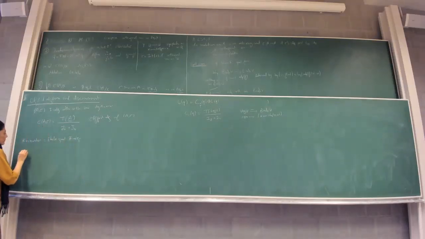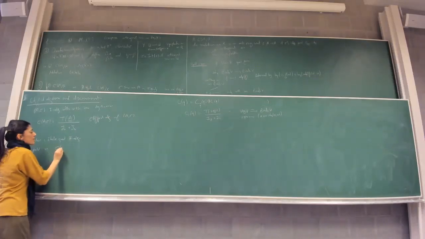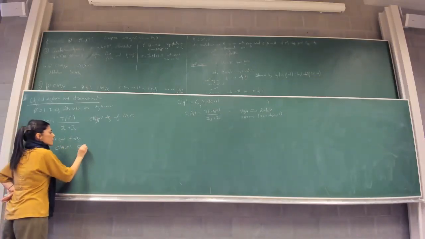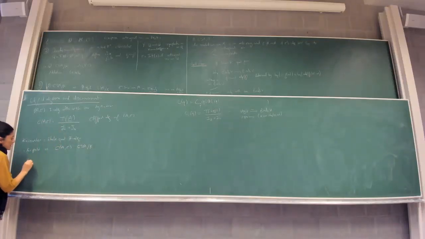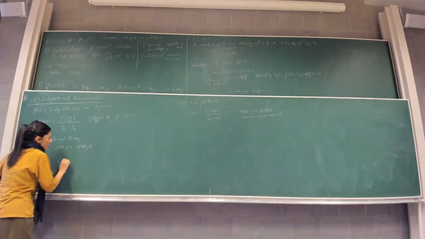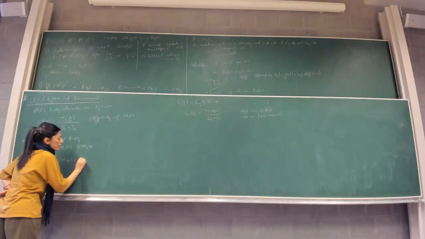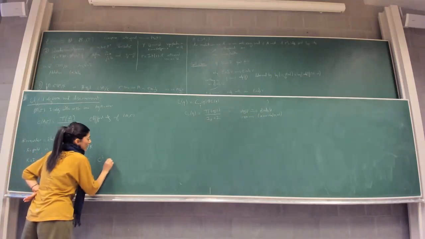So I have two options. Either K is a field, this means a quadratic extension of F. In this case, the Clifford algebra is a central simple algebra over K, and otherwise K is F times F. And in this case, the Clifford algebra is a product of two central simple algebras over F.